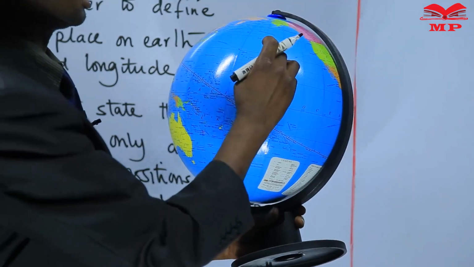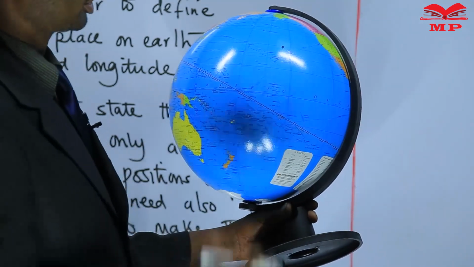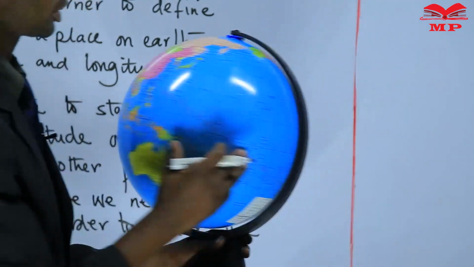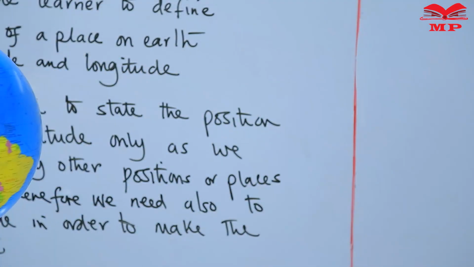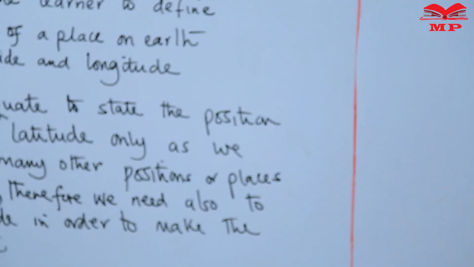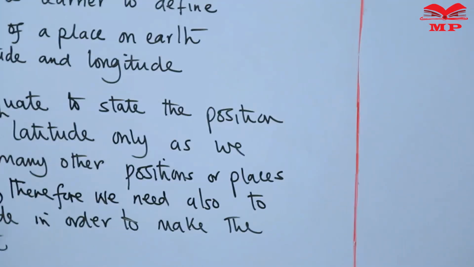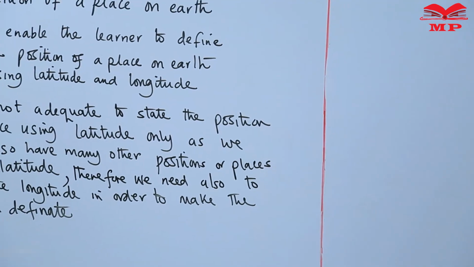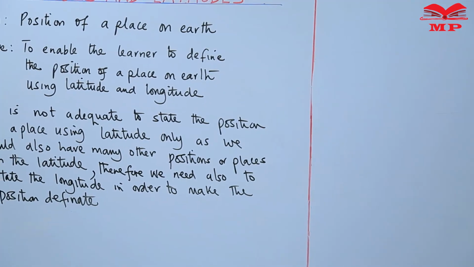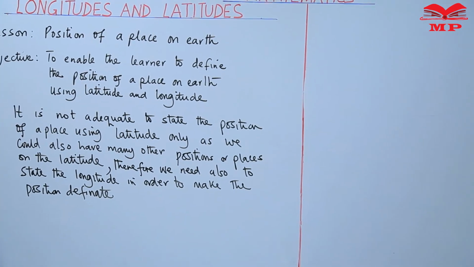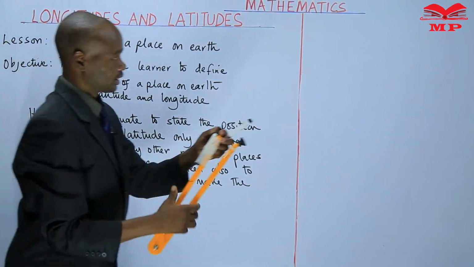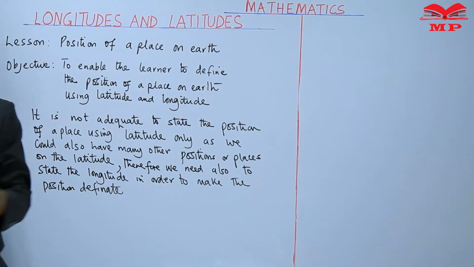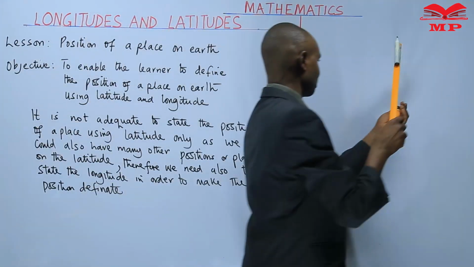So if it is 30 degrees north, you'll also state the longitude, which will be the line of the meridian. So it's good to state both longitude and latitude to make the position definite. That's why we come on the board and draw the globe. It's good to understand that using a globe.